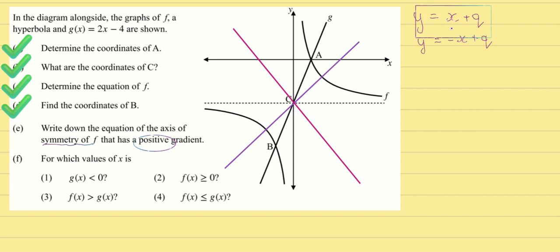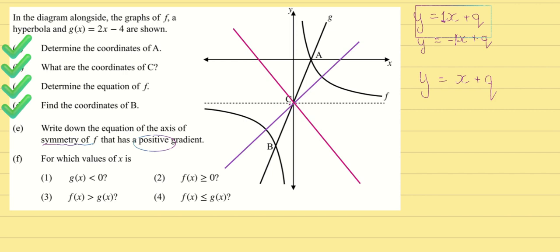Okay, because remember, if y is equal to mx plus c, the gradient here is a positive one, and the gradient for the one we don't want is a negative one, right? So now that we know that, we are using y is equal to x plus q, right?